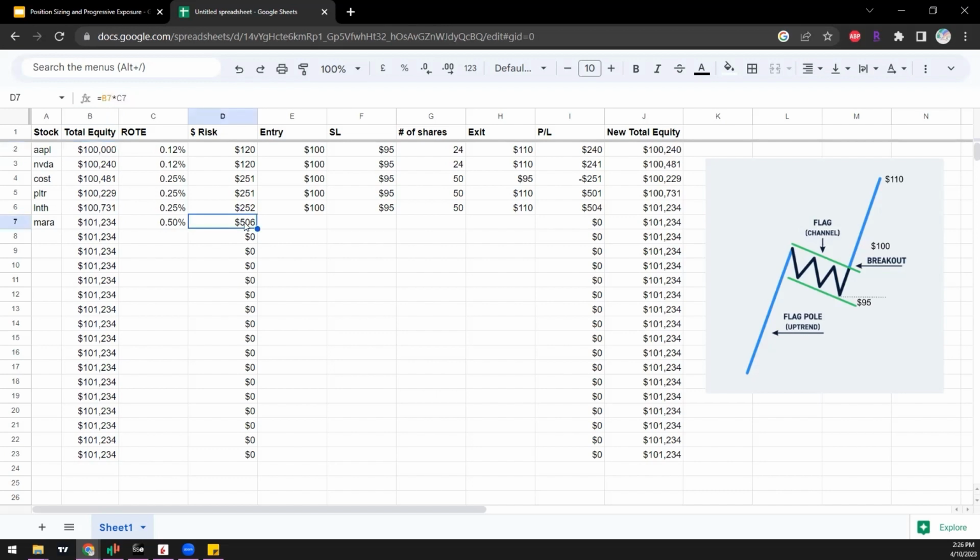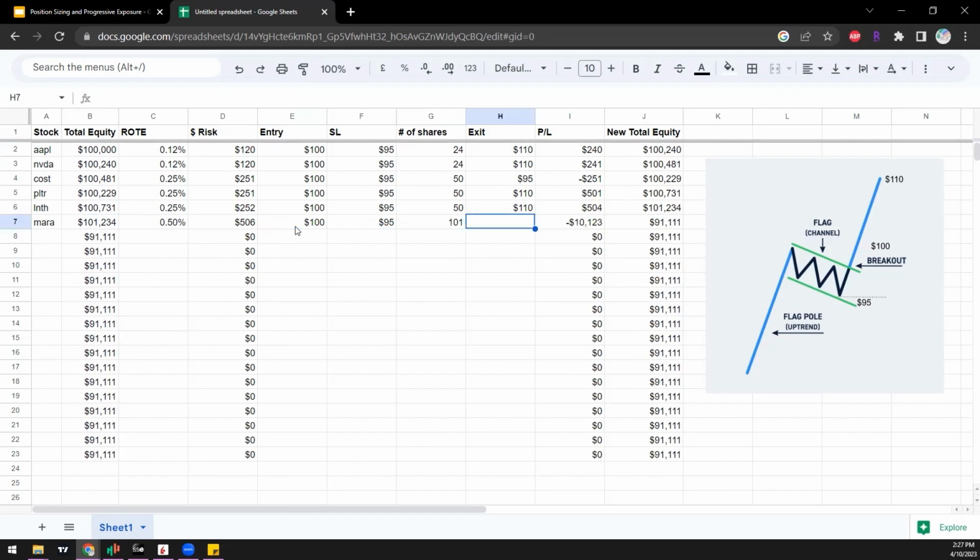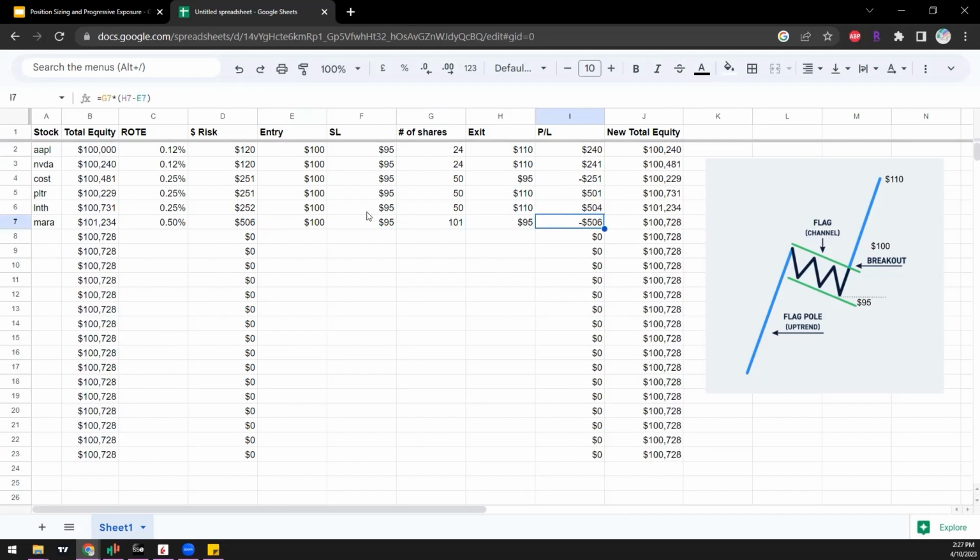That is the reason that I'm allowing myself to risk a bigger and bigger amount the more traction that I'm getting. Say this one is a loser, and we exit again at the stop loss, and I'm back to $100,728.